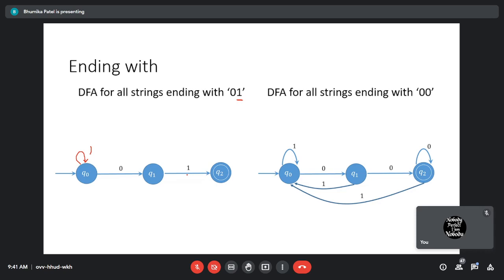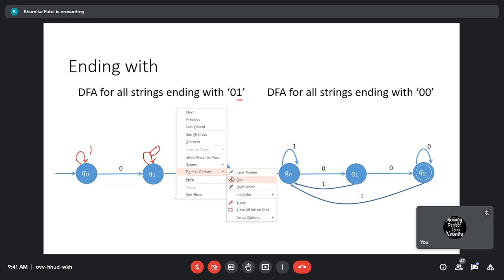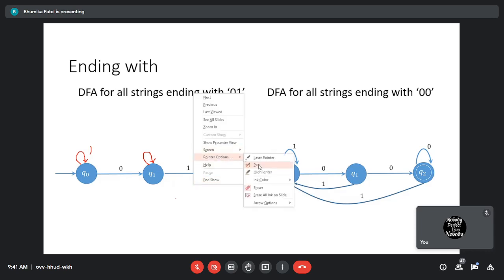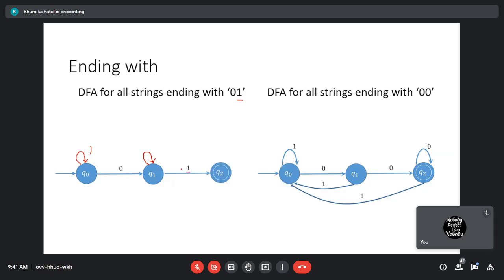Can I take a self loop here for 0? Why for 0? Because it is 1.